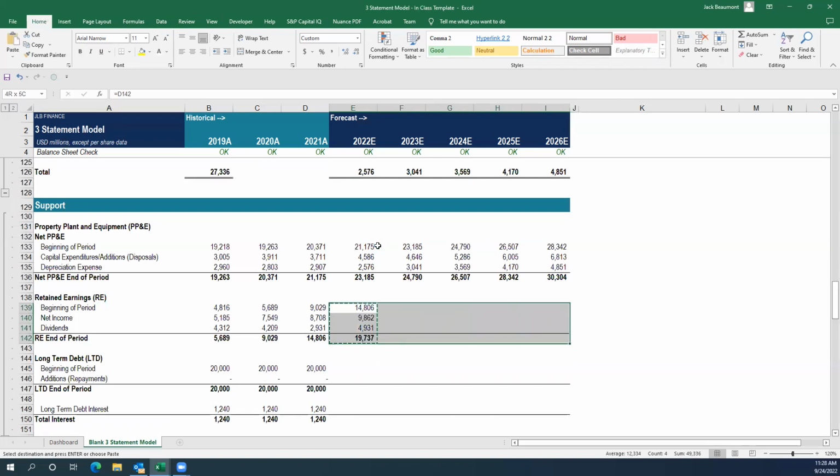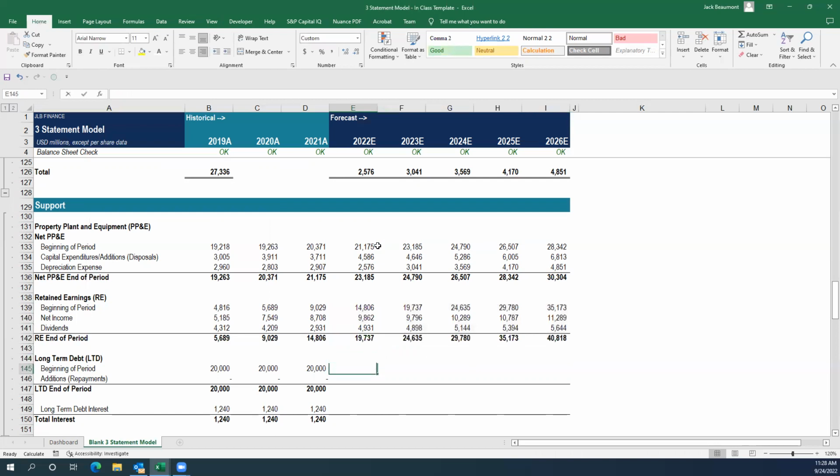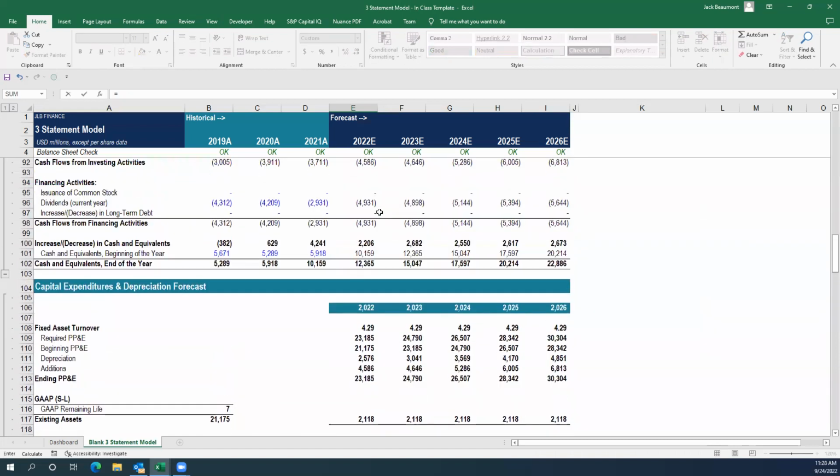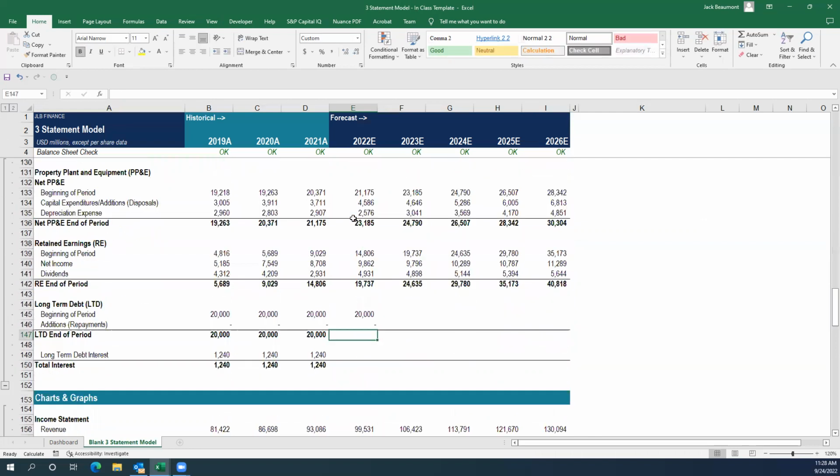That across. And debt at the beginning was that, we didn't make any changes. So you could go up to here, and then it's just going to be that plus that.